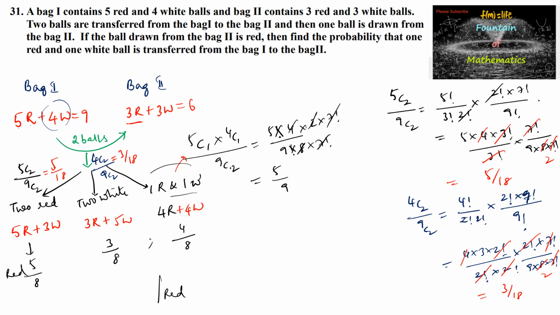So one red ball and one white ball, we need to find this probability, which is equal to 4 upon 8 and here it is 5 upon 9.